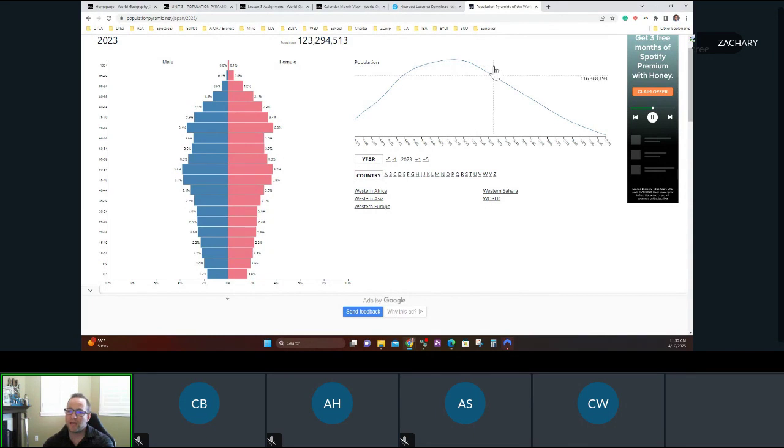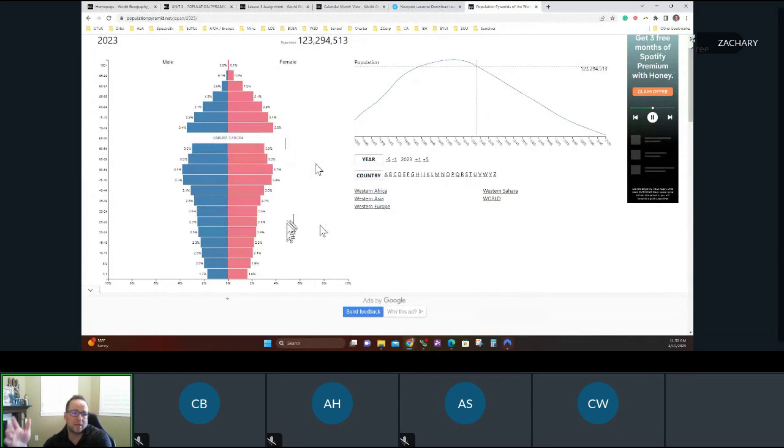And so if you look at Japan, they're worried because all these people in this area, sorry about my cursor, in the 45 to 65 range, are going to hit retirement. And all of these people lower are supposed to support these upper groups, right?